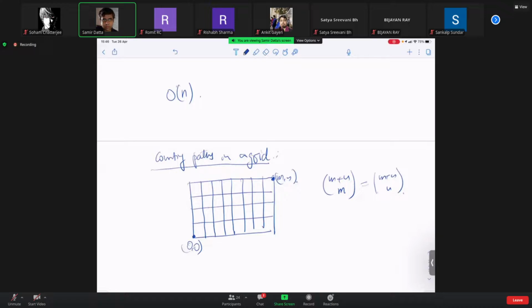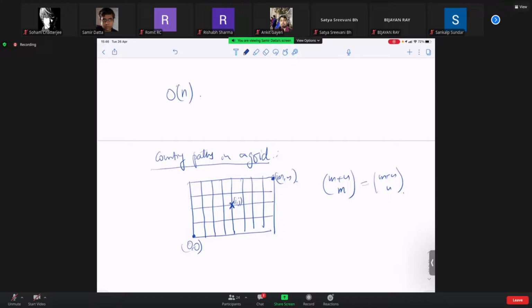But now, suppose I start blocking some intersection. So this intersection is blocked, meaning no path can pass. Then how do you compute the number of paths? Suppose one intersection is blocked at i comma j. Then now, what is the number of paths from 0, 0 to m, n?